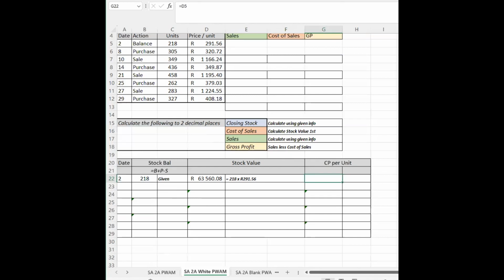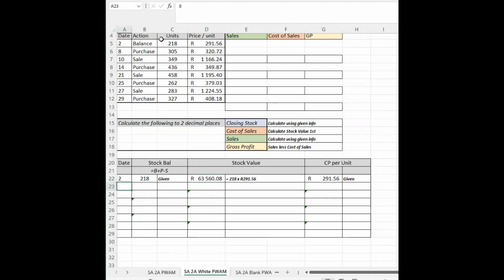If you want to calculate the cost price per unit, it will still be 291.56. Nothing will change, but the way we would normally do that is we would just do the division, but in this case it is given, so we don't have to worry. So that's how we start with the given information. The only calculation we did there was to get the stock value of 63,560.